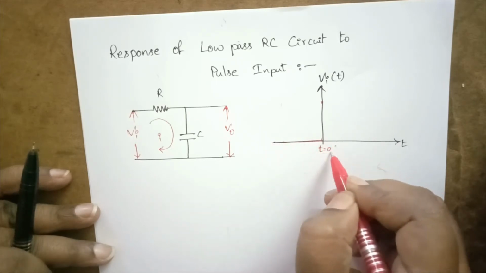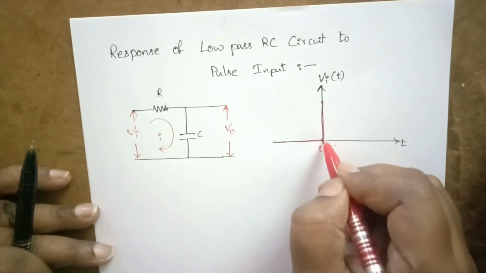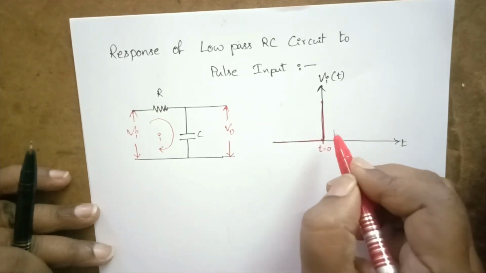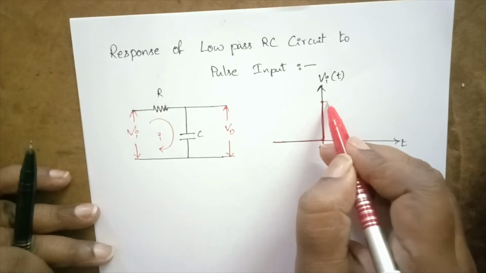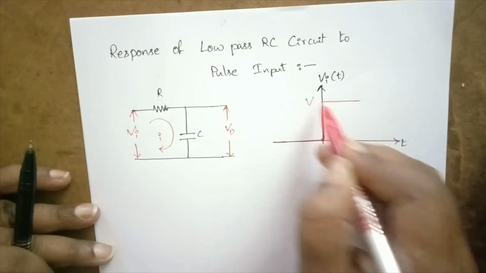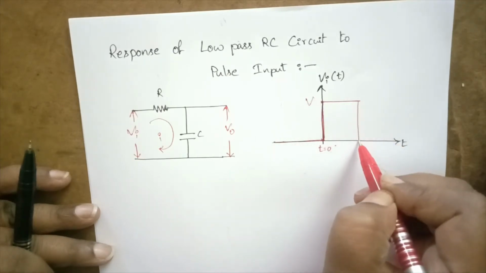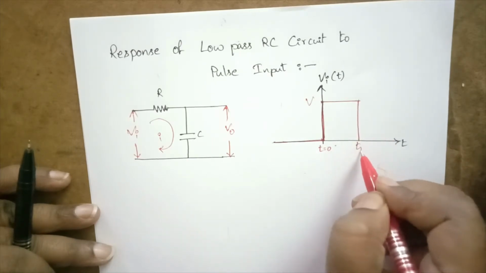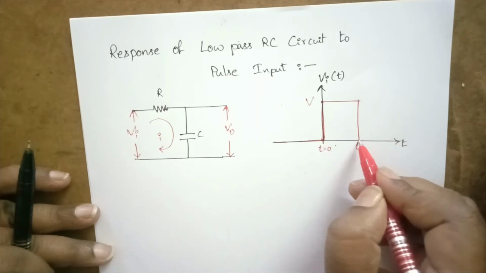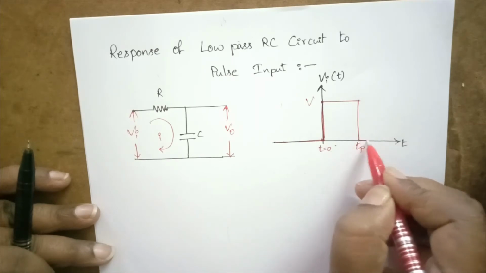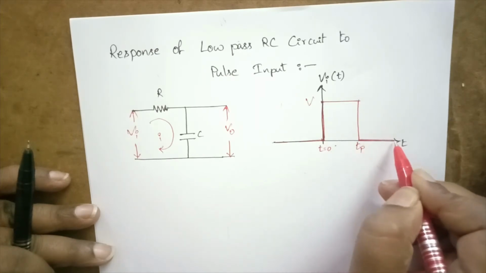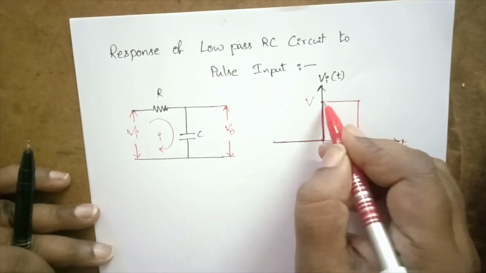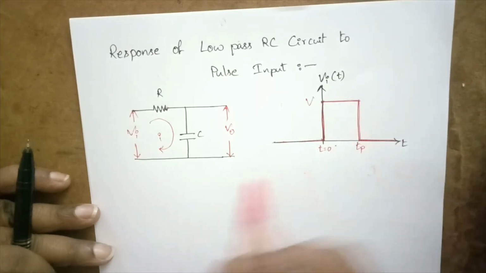At t equal to 0, it rises to voltage V, and then it maintains constant voltage V for some duration. So from 0 to Tp, it maintains constant voltage V. After t greater than Tp, again it moves to 0. Okay, this is the input waveform.